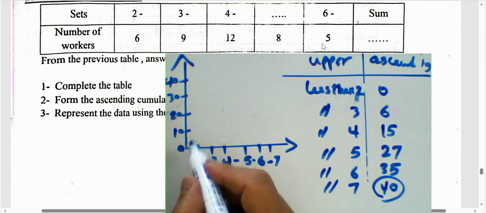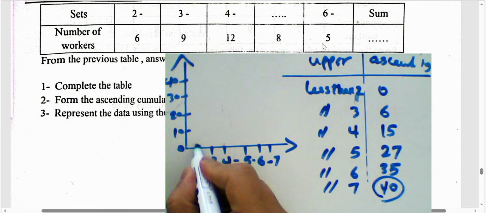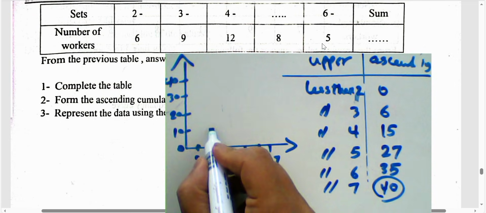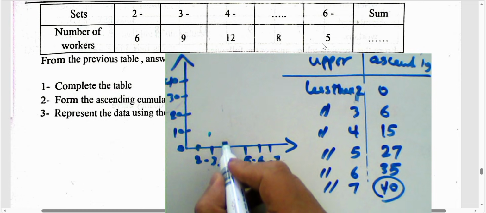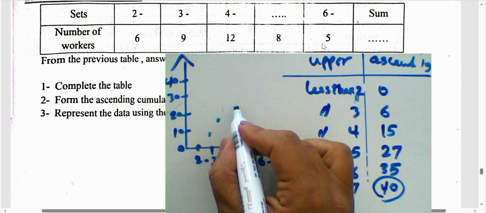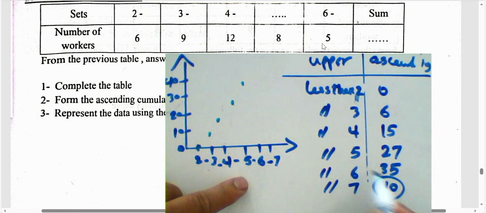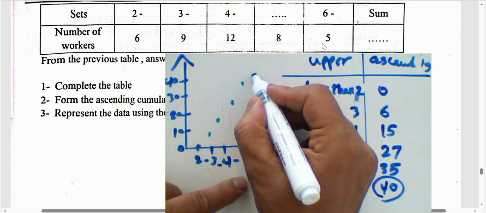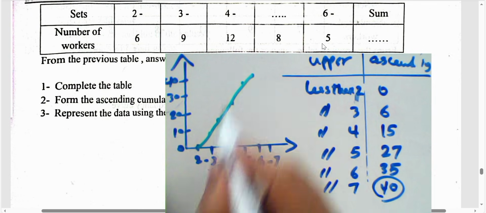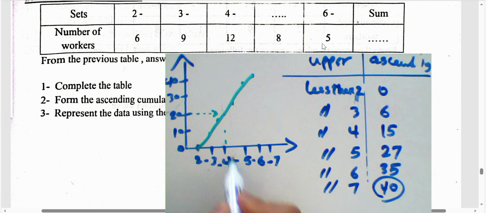Less than 2 to 0, going from 2, 0 here. 3 and 6, 4 and 15, 5 and 27, 6 to 35, 7 to 40. Okay, and if you want to find the median, you can write the intersection. There is 2, 4. The median will be 4.